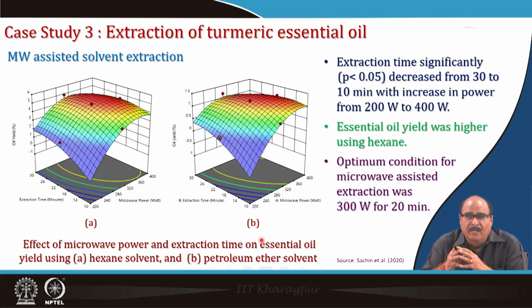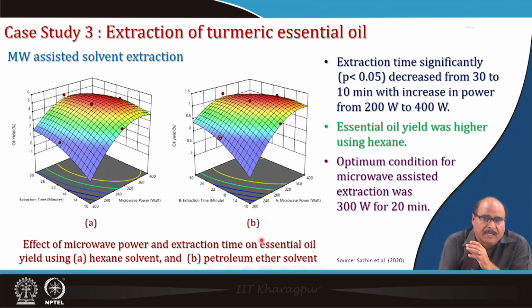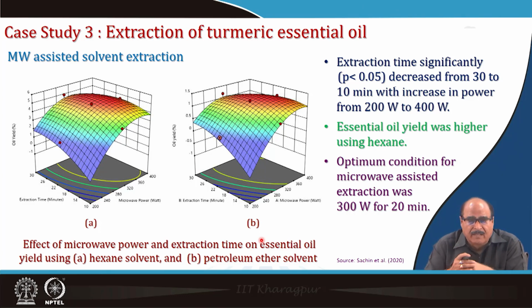Essential oil yield was higher when hexane was used as a solvent in the case of A. Optimum condition for microwave assisted extraction was found to be 300 watt microwave power and 20-minute extraction time. The reference is given here.